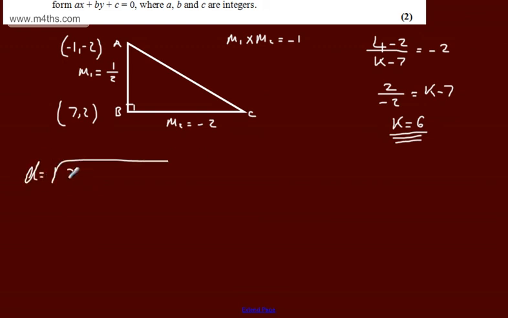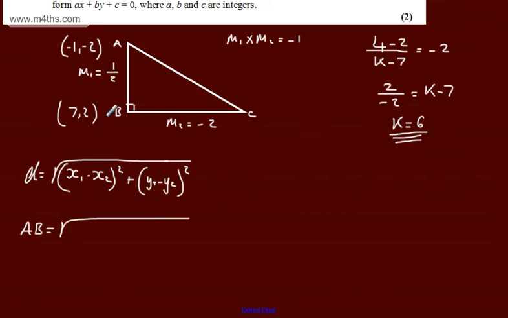It's the square root of (x1 minus x2) squared plus (y1 minus y2) squared. So if we plug these values in, the length of AB is 7 minus -1, which we need to square, plus 2 minus -2, squared. We need to of course be consistent with these.